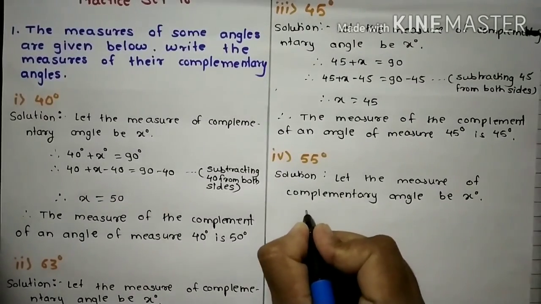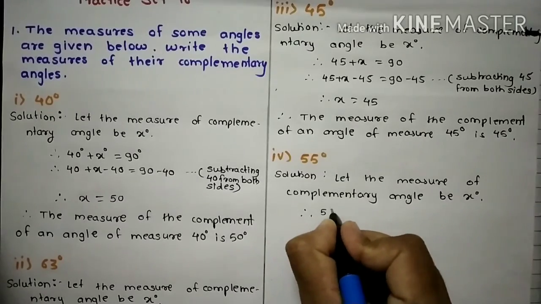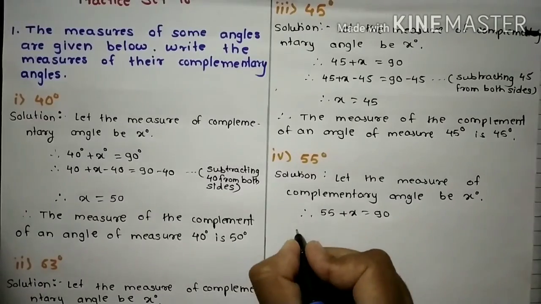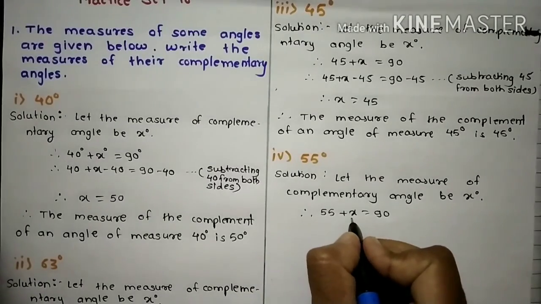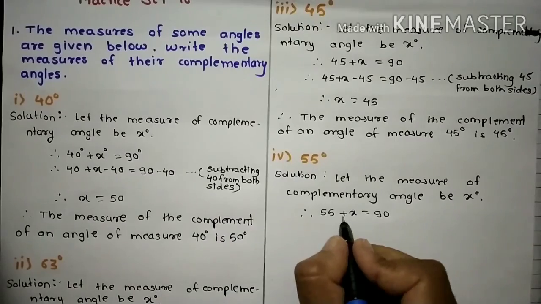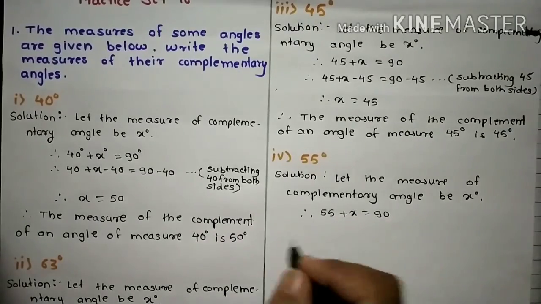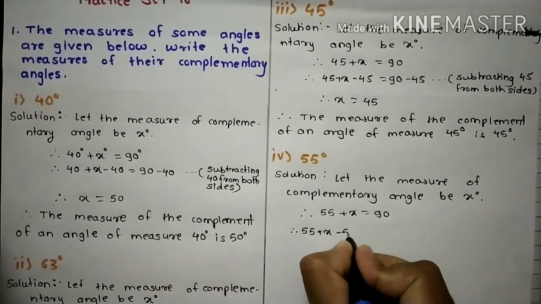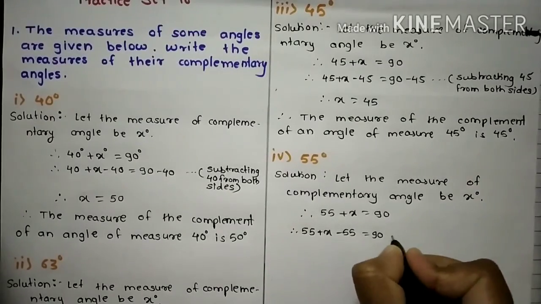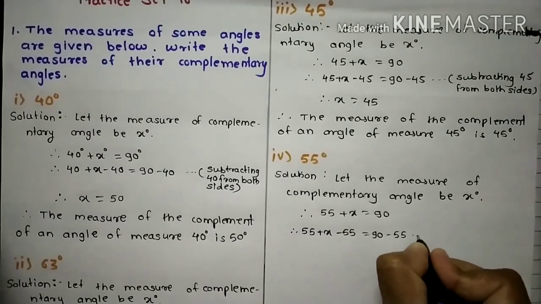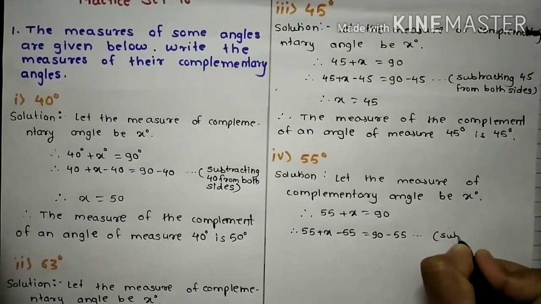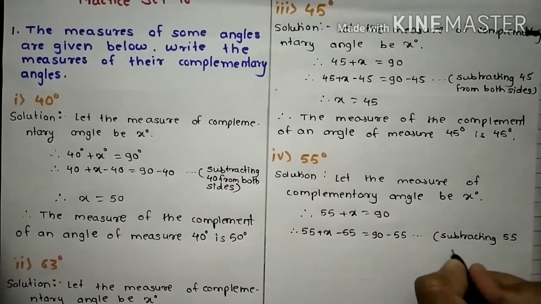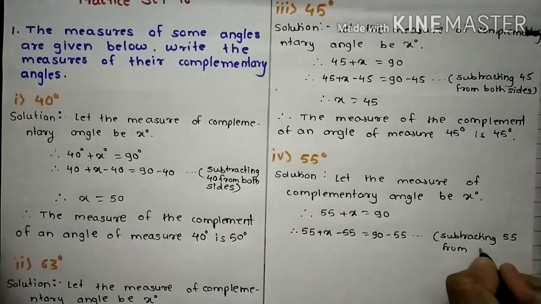Therefore 55 degrees plus x degrees is 90. Okay, now we have to find the value of x. Therefore we subtract 55 from both sides. Therefore 55 plus x minus 55 equals 90 minus 55. Subtracting 55 from both sides.